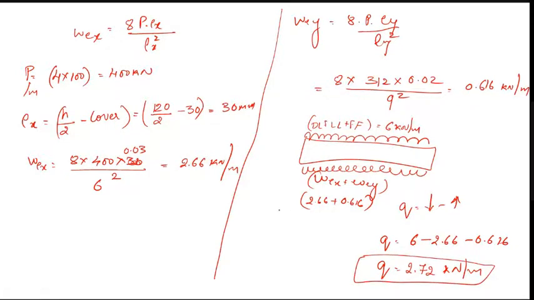Then one more thing I need, that is D, the rigidity. We have direct formulas, just substitute here and we will get the D value. Flexural rigidity is E h cube divided by 12 into 1 minus mu square.